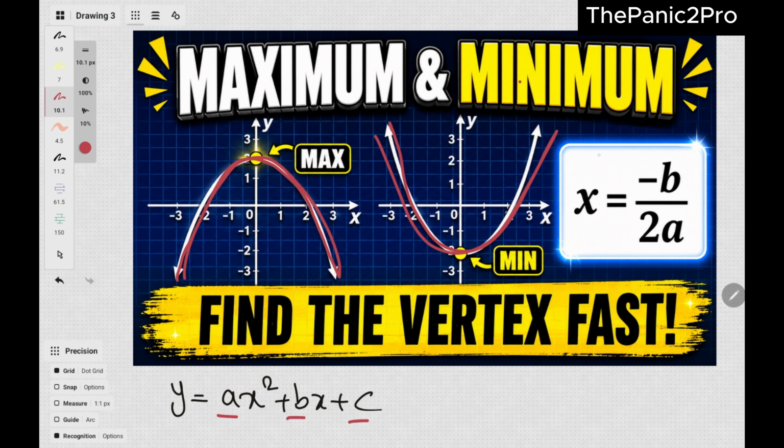As a general formula, we have x equals minus b over 2a. That is the coordinate of the minimum or the maximum point of our quadratic equation. I'm going to show it in more detail in a numerical example.